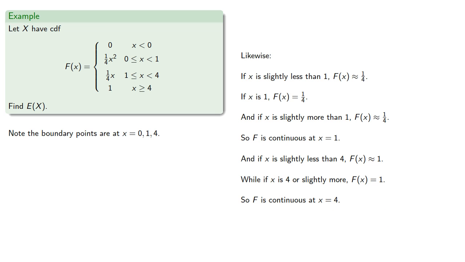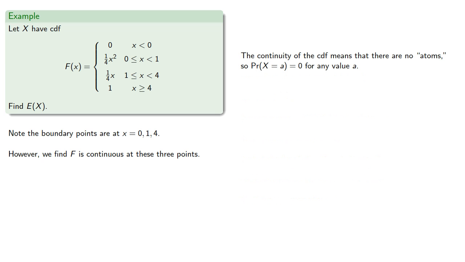Now this means that f is continuous, and so the continuity of the cumulative distribution function means that there are no atoms, so the probability of x equaling any specific value is going to be 0. This means we can differentiate to find the PDF and ignore the boundaries.